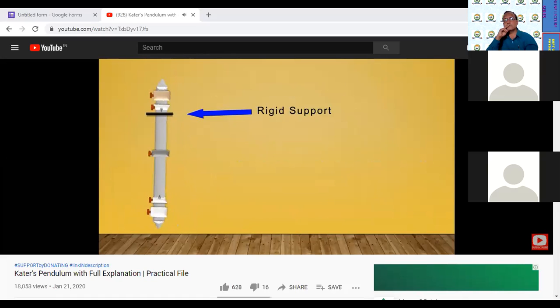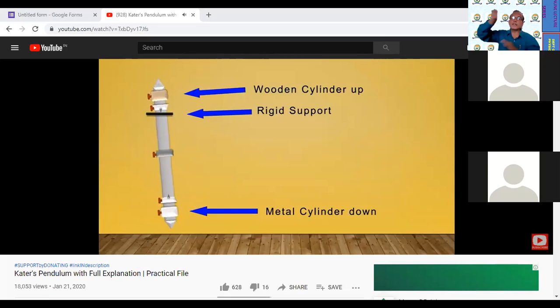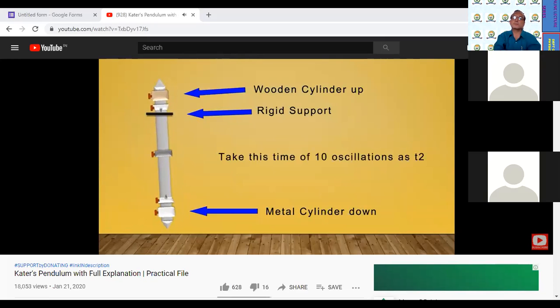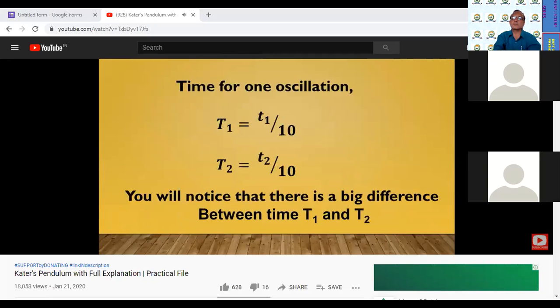Now turn this Kater's pendulum upside down, when the wooden cylinder is upside and the metal cylinder is downside. Take this time of 10 oscillations as T2. Now you can divide this time by 10 and get the time for one oscillation. So in this way, you can get T1 and T2 as the time period of one oscillation.